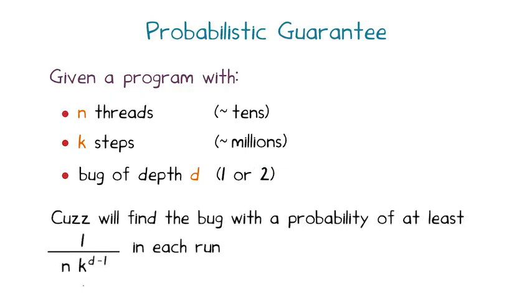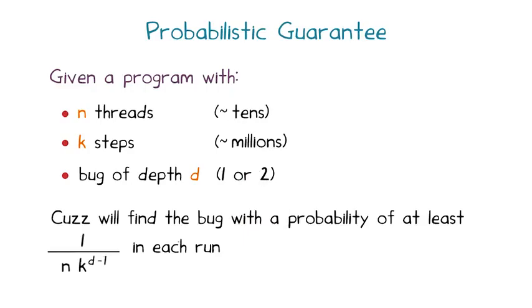Then Cuz will find the bug with a probability of at least 1 over n times k to the power d-1 in each run. In other words, we expect to find the bug once after n times k to the power d-1 runs, which is a tractable number of runs for n and k in these ranges.